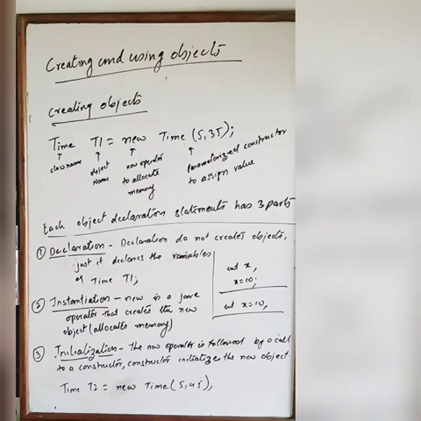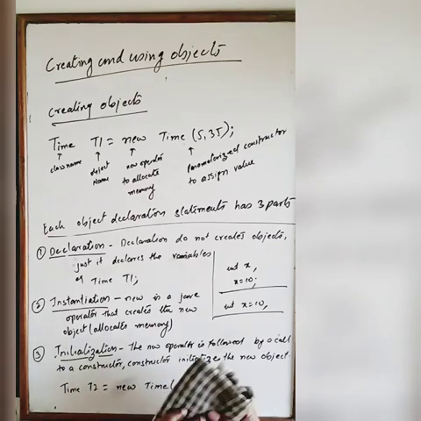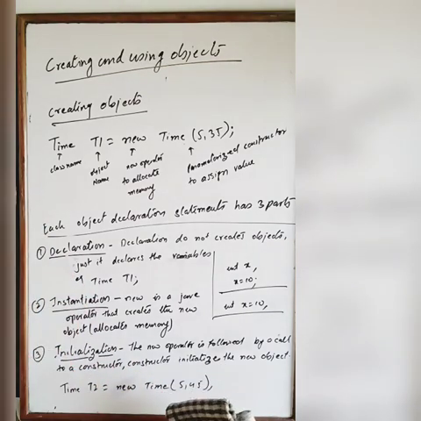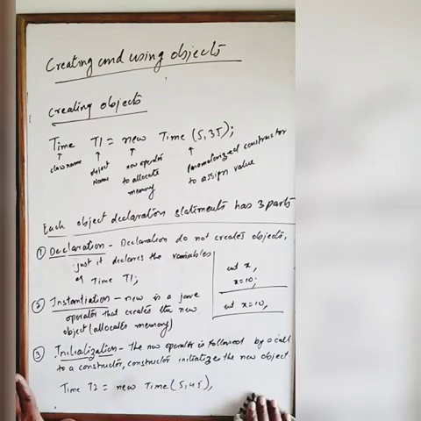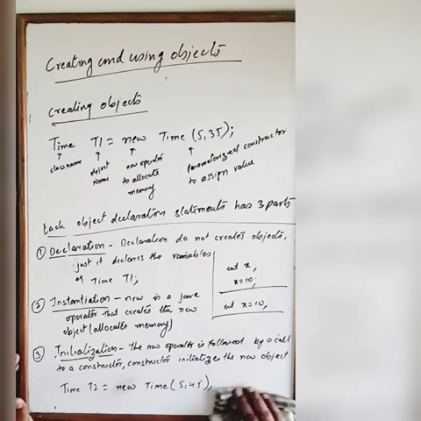If you are planning to take computers in 11th class, please understand this chapter very nicely. It will be most useful there. Okay class? Now, this is creating an object. Now using an object. Before using an object, I think you have noted everything. Okay, if you have not noted, please pause it and write the definition.